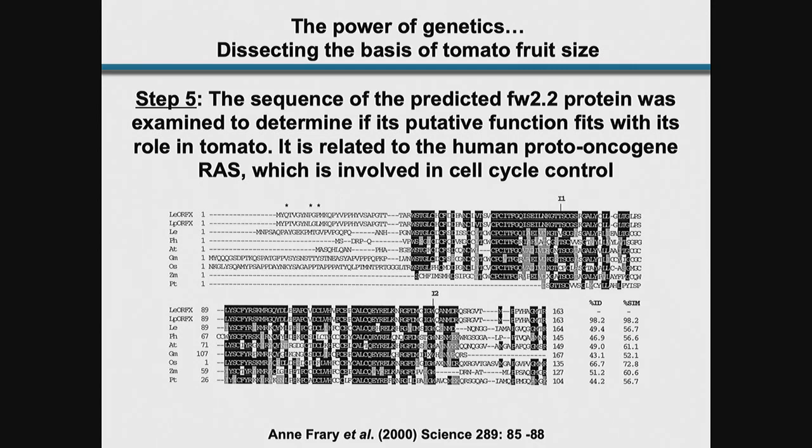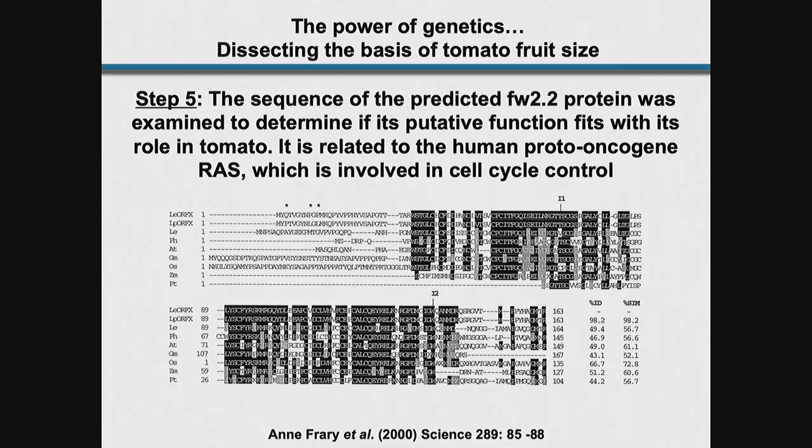And so what they suggested is that this gene might be a negative regulator of cell division, right? Because remember, higher expression in smaller fruited plants, right? And it has a lot of structural similarity to RAS, which is involved in cell cycle control. So all of this was consistent, okay, as a mechanism.